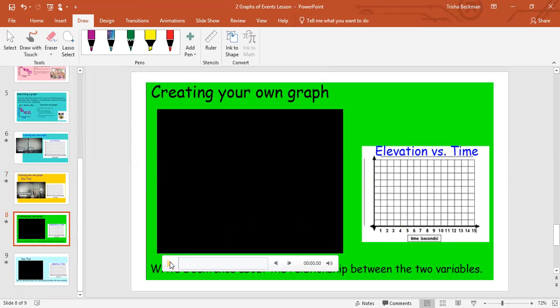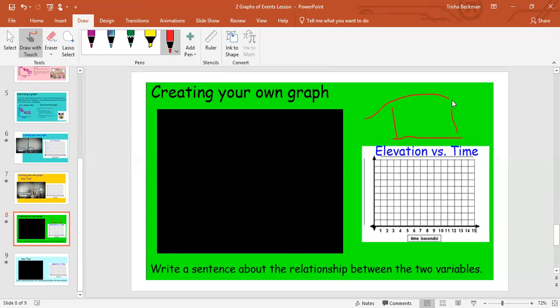Here's the next one. This one is going to be still a 15-second clip in elevation. We are looking how far off the ground this person is. And I shouldn't say off the ground, I would say how far off the water. So imagine that this person is on a bridge and there's water below him. So imagine that the bridge goes over the water. And so the person is going to start kind of right here.